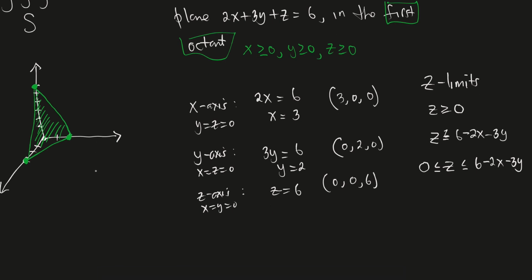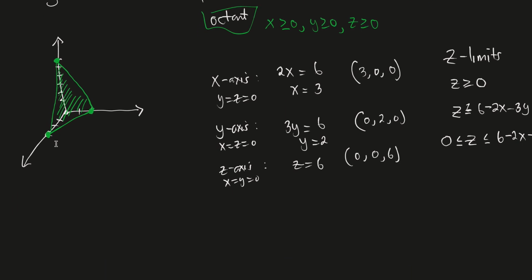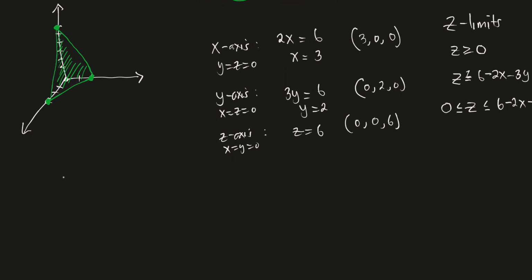Okay, so now we have to figure out the limits for x and y. So now we need to look at this little triangular region in the xy plane. Let me sketch that down here. You can describe this as the projection of this plane in the xy plane, right?